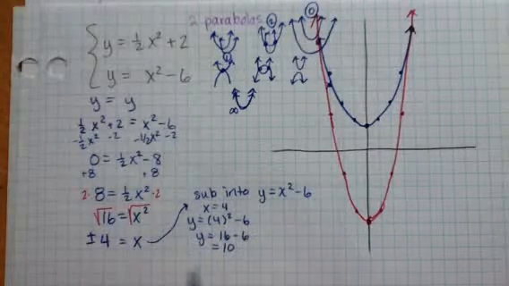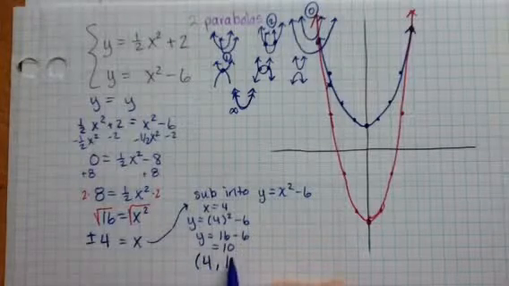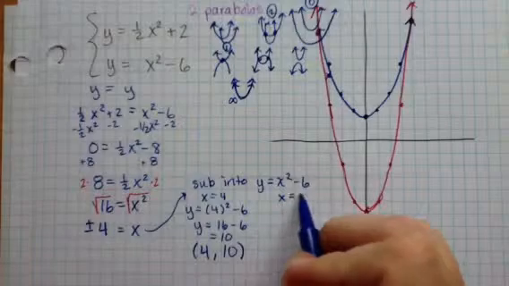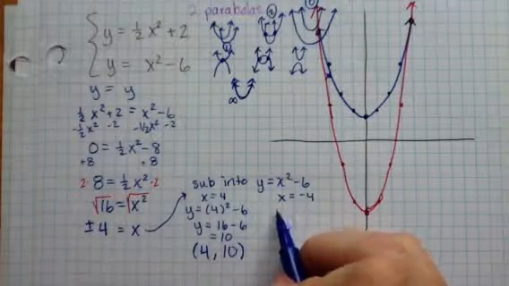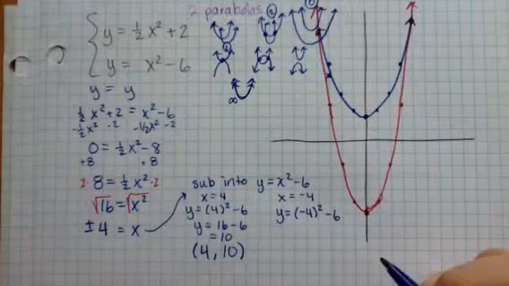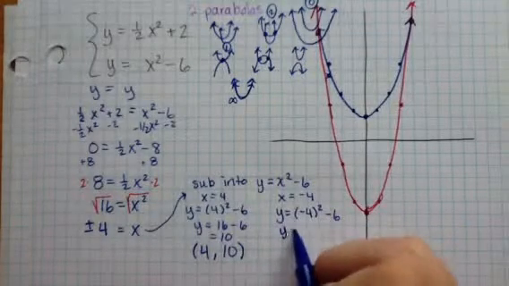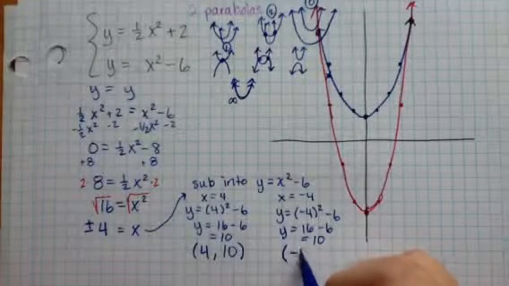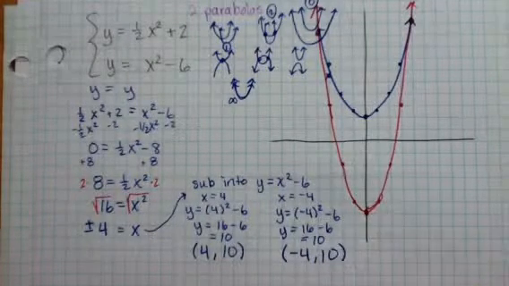So I get the ordered pair 4, 10. And when I substitute x equals negative 4, that gives me y equals negative 4 squared minus 6, so that's 16 minus 6 again. So my other ordered pair is negative 4, 10.